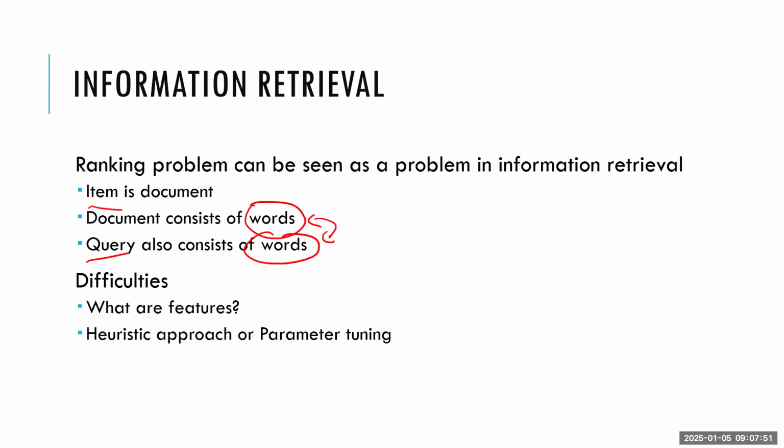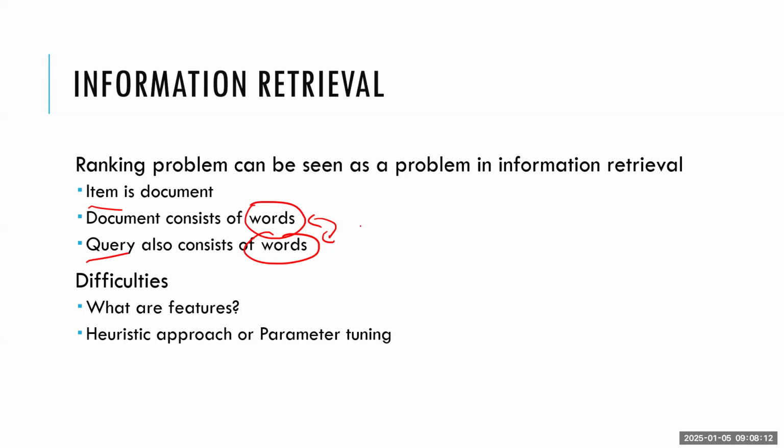And in information retrieval, they would match word by word, right? If your query has a word and the document has the same word, then they would have a higher score. And then they would have a lot of heuristic functions.